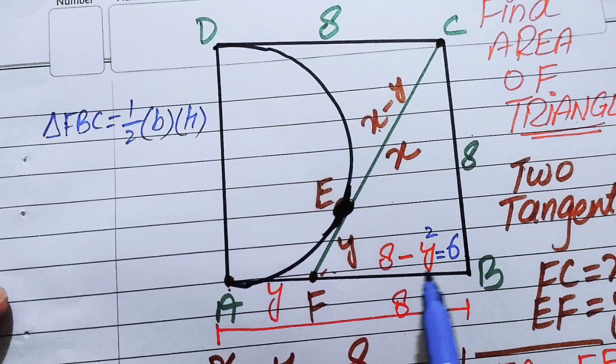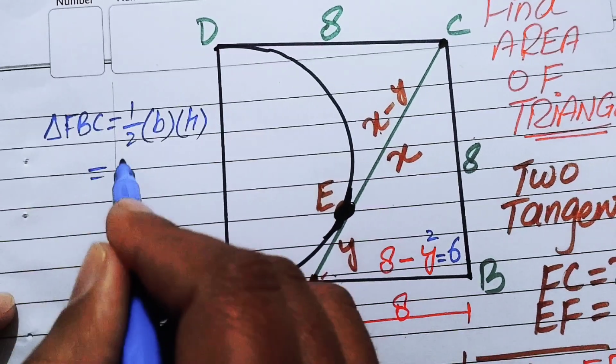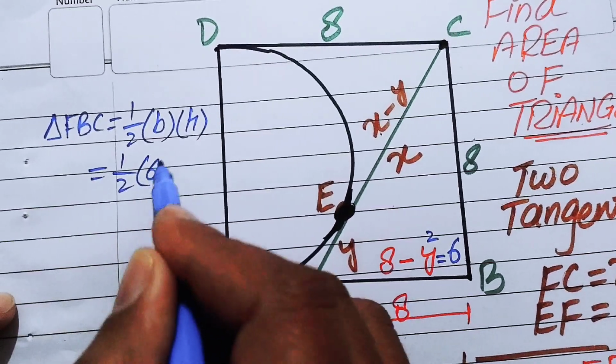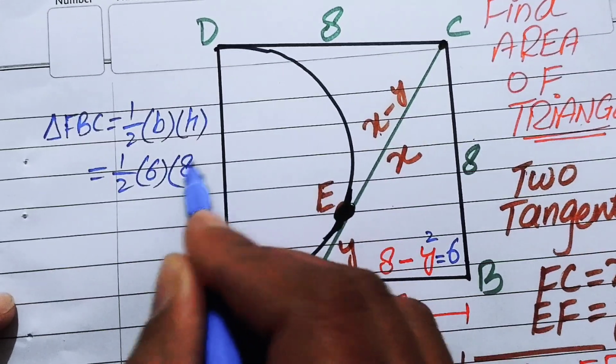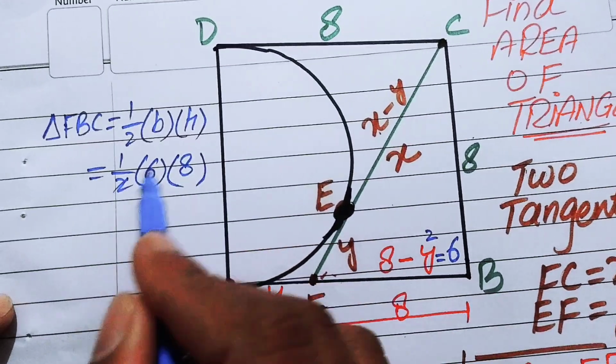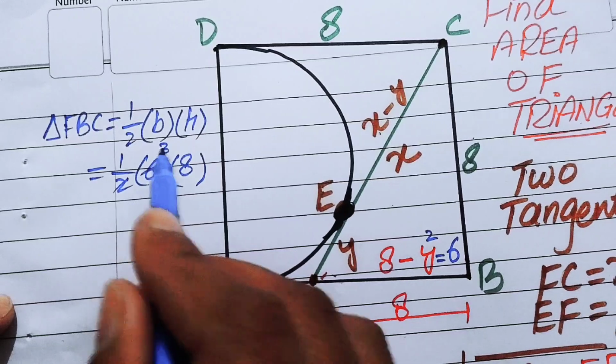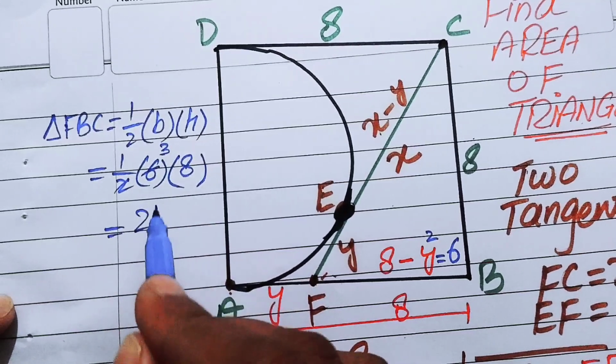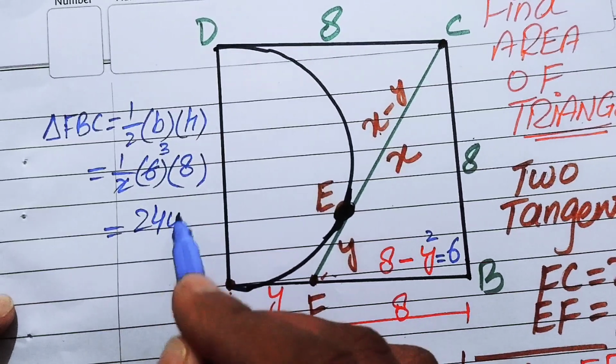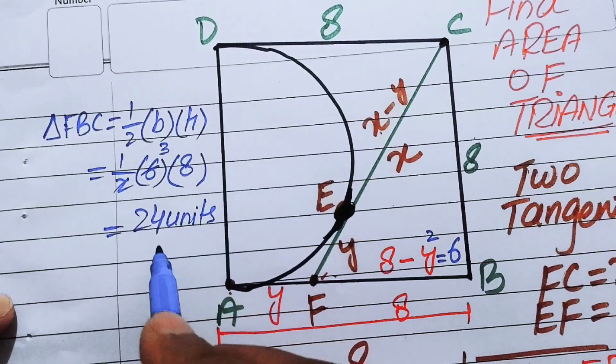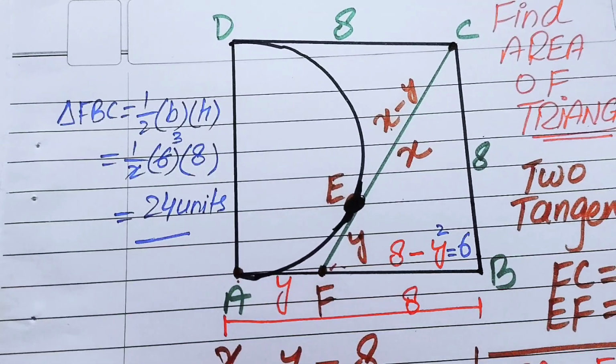Our base is 6, so it becomes half of 6, and our height is 8. Now we cancel this term, and 2 3s are 6, and 3 8s are 24 units. So this is our required answer of this question.